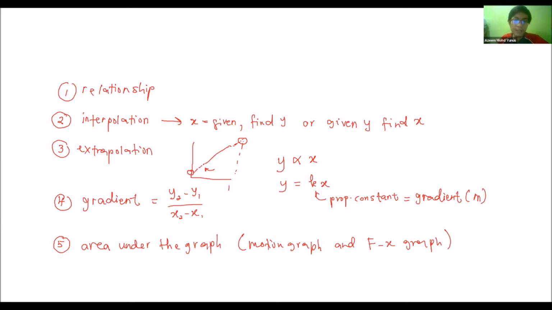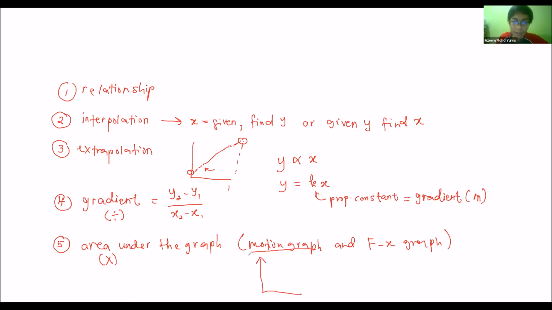So many applications here require us to calculate the area under the graph. Basically, gradient is the operation of division, but area is the operation of multiplication. So there is an inverse relationship between gradient and area.